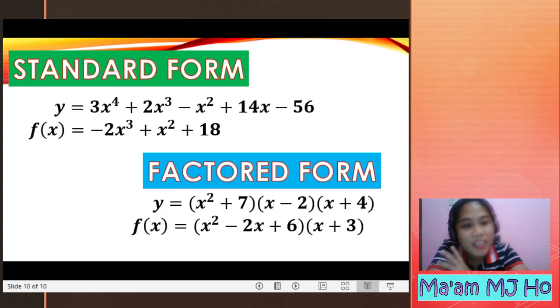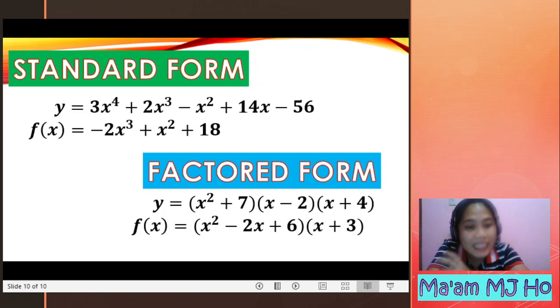So, umpisa, we define a polynomial function. In-identify natin yung mga parts niya. We identify the coefficients. We identify the constants. We identify na dapat or nalaman natin na dapat ang n pala ay laging positive kasi once maging negative ang n, hindi na pwede i-consider as a function, polynomial function.